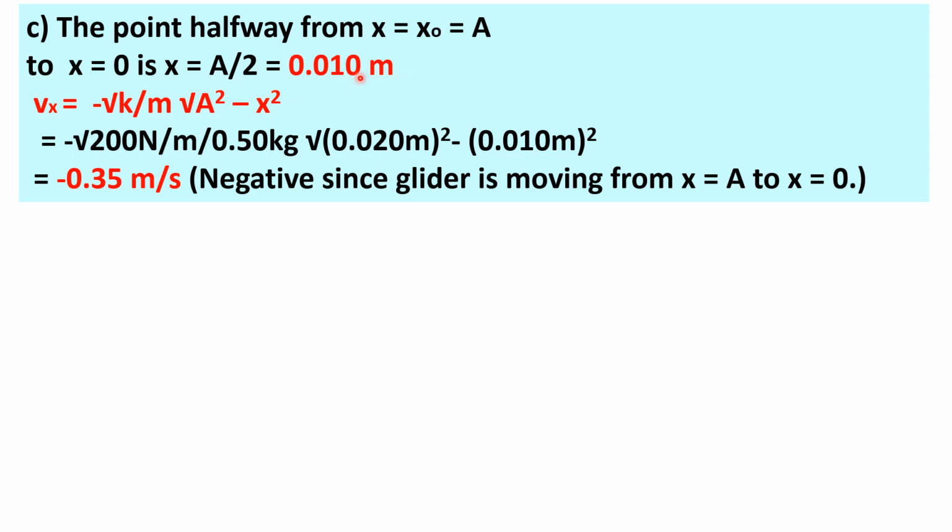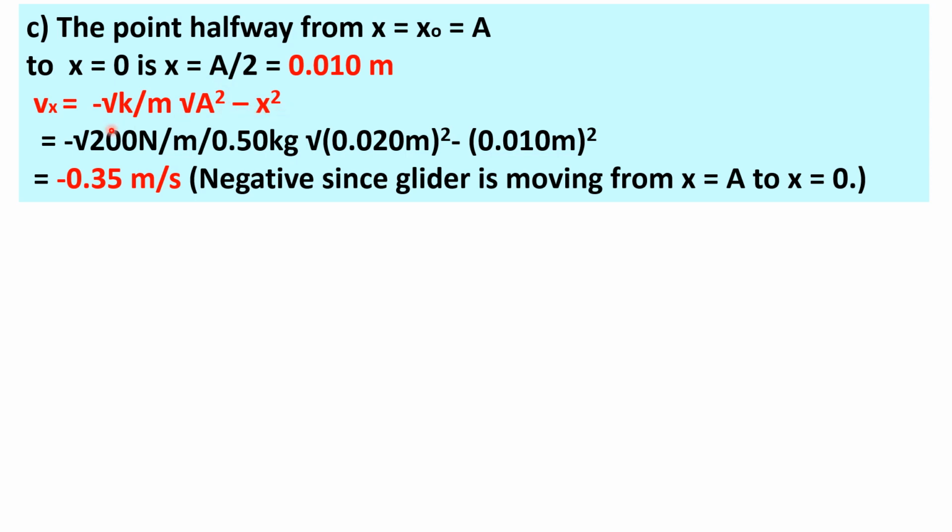So using that value for our x, we just substitute in the formula for finding the Vx, which is equal to negative square root of k over m multiplied by square root of A squared minus x squared.